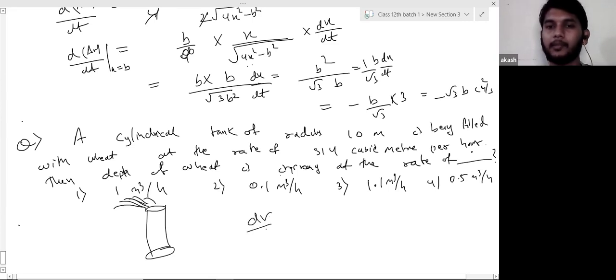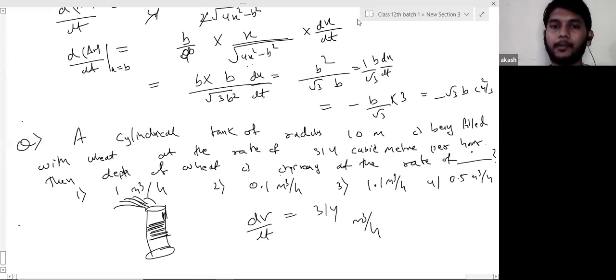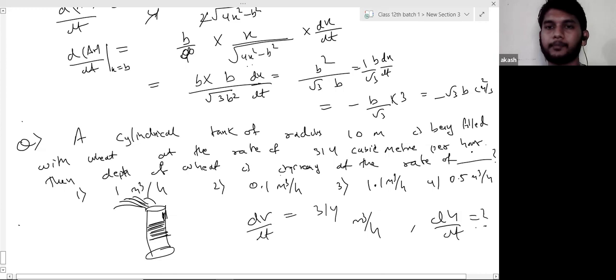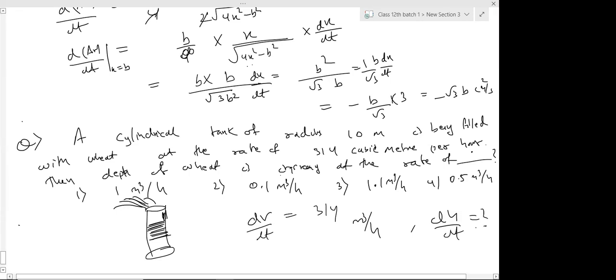That means volume, dV by dt, they have given you 314 meter cube per hour. So gradually the height of the wheat will increase. So they are asking you what is the rate of that. You guys can solve this. Yes or no? Yes, sir. All right. 2 minutes for this also.